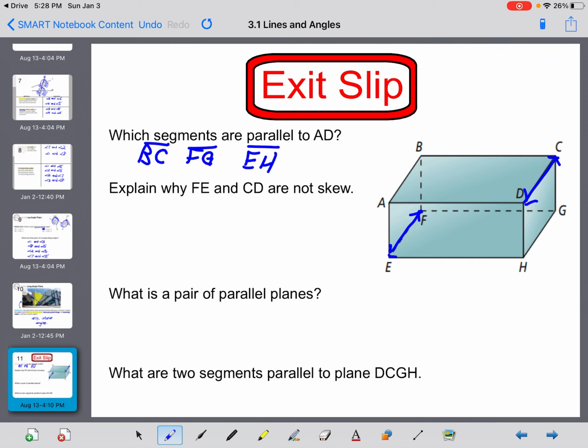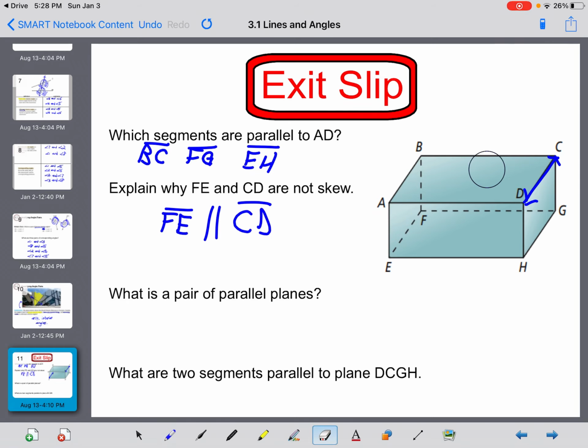Well, for something to be skew, they have to be non-coplanar, which these two are. They fall on 2 separate planes. Okay, but they also have to be not parallel, and these 2 lines are parallel. So we're going to write FE is parallel to CD.